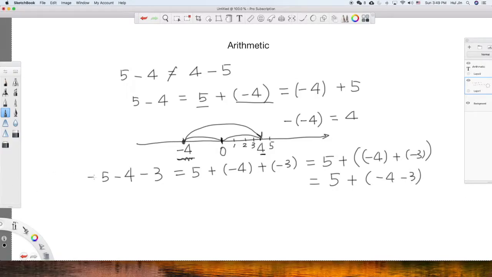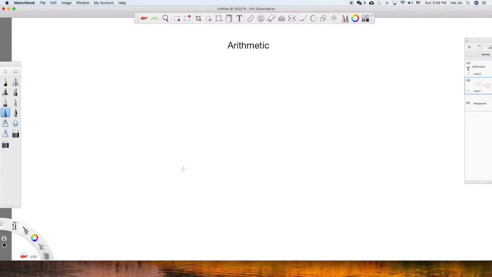And this equals, of course, 5 minus 4, minus 3. So in here, associative also works. And this is a small fix for subtraction. Similarly, let's look at how we fix division.